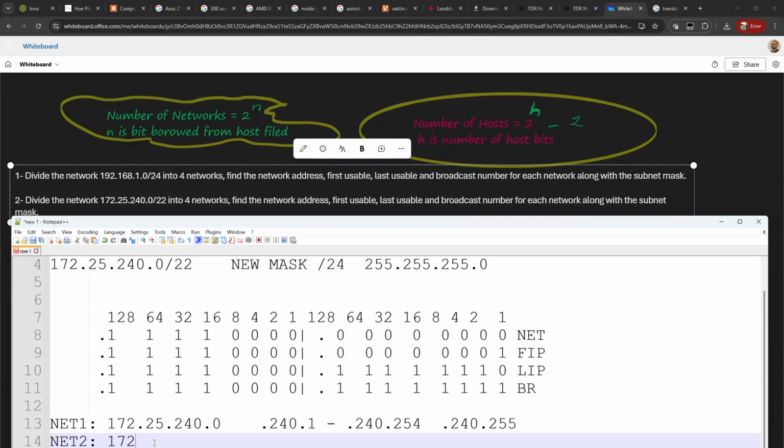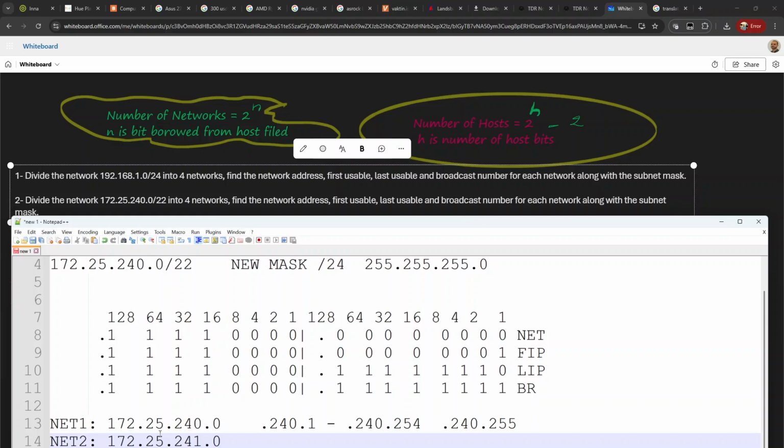So 172.25.241.0, right here, because our increment always goes with 1.